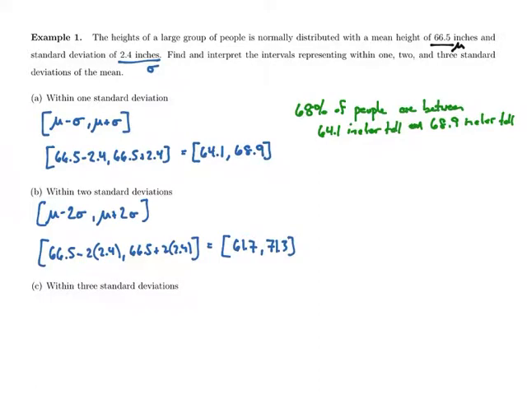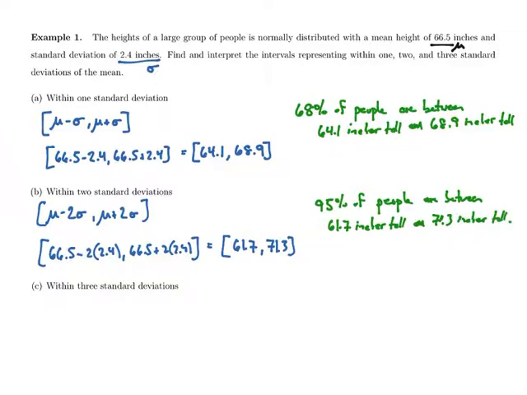And what does that represent? This says that 95% of people are between 61.7 inches tall and 71.3 inches tall.